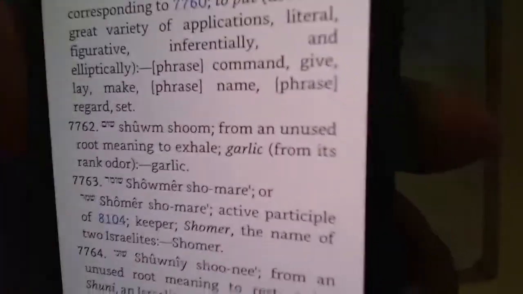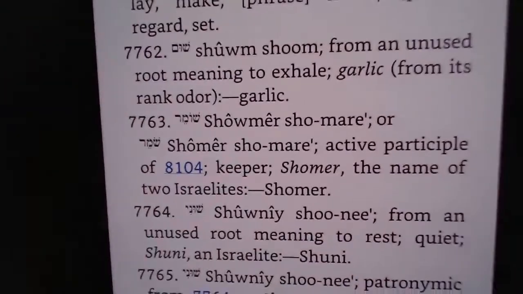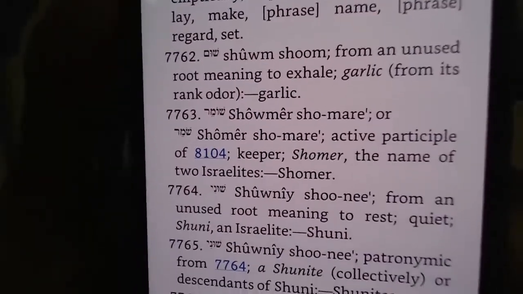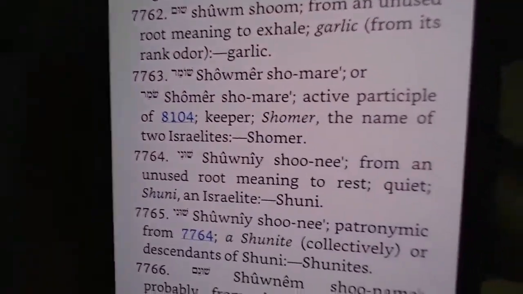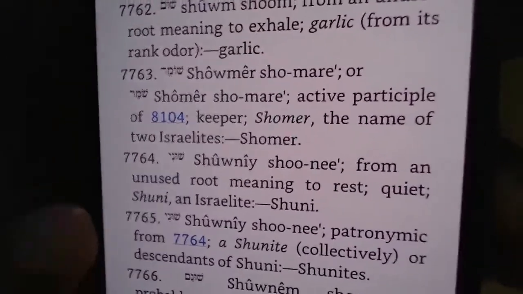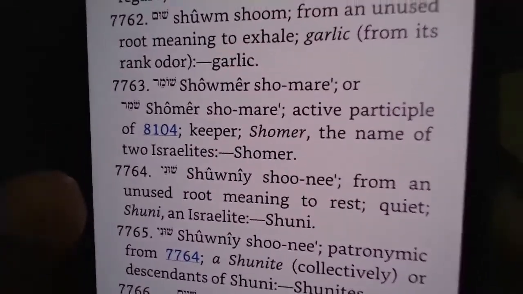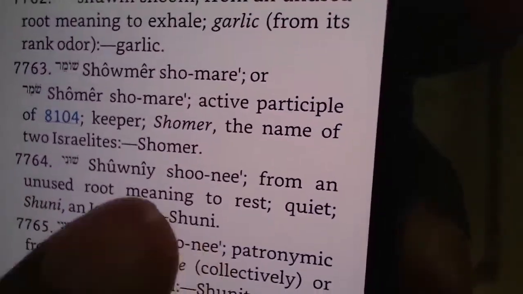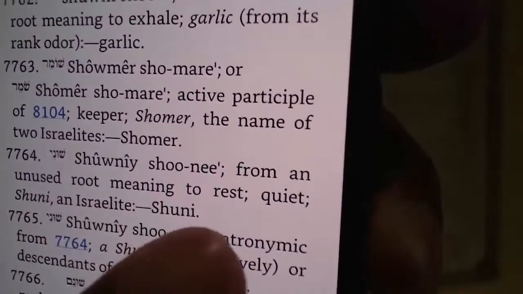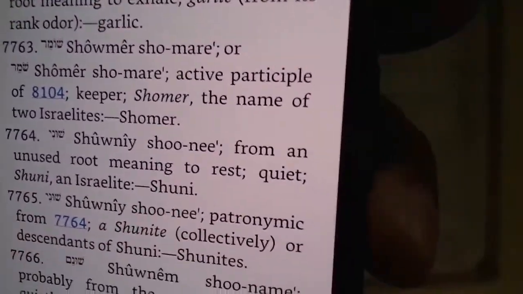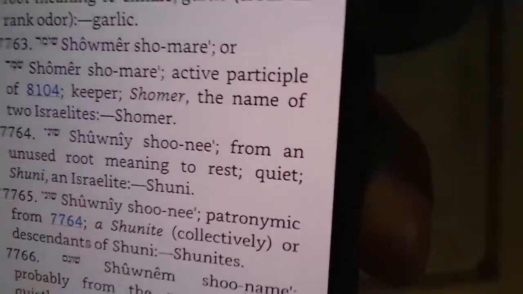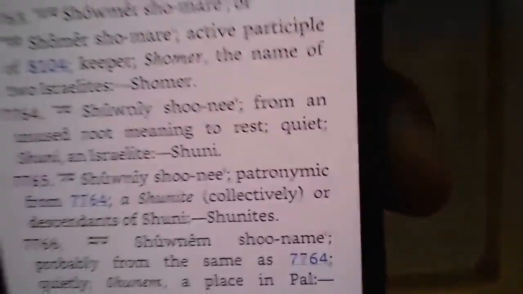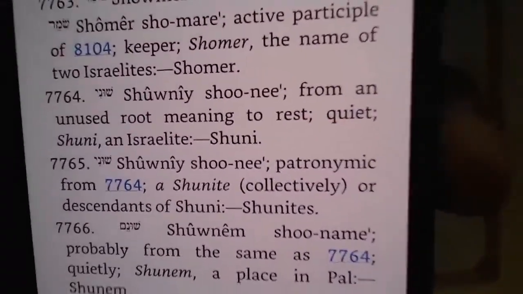Okay, here we go. Shawam. Can you see this? Shanyam as a question. It's not used as its own word. Shawanya, unused root meaning to rest, quiet. So it's an Israelite name called Shuni. Of course, in transliteration they always turn the wa into a u.